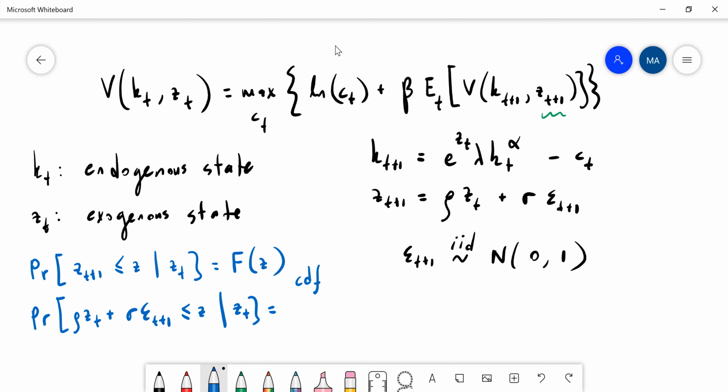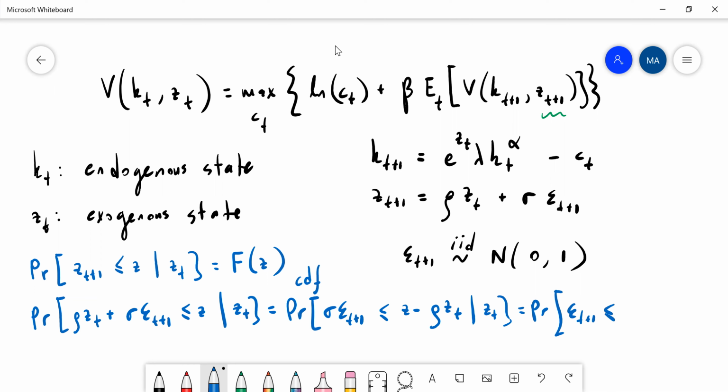So this event is: sigma epsilon T plus 1 is less than Z minus rho ZT conditional on ZT. So this probability is then equal to what? Epsilon T plus 1 is less than Z minus rho ZT divided by sigma, conditional on ZT.